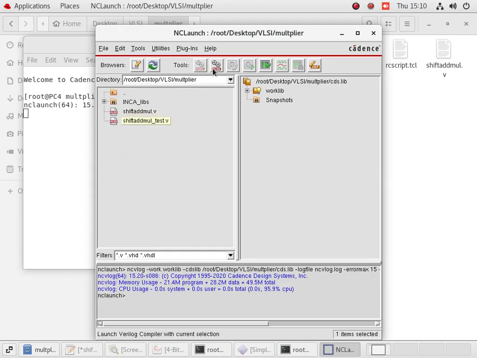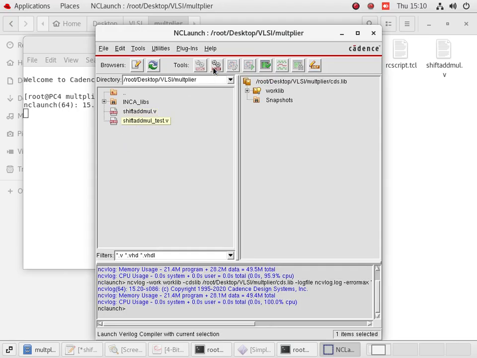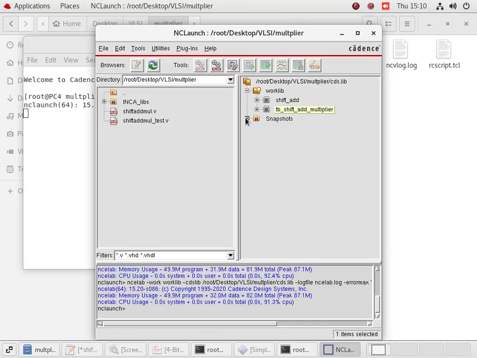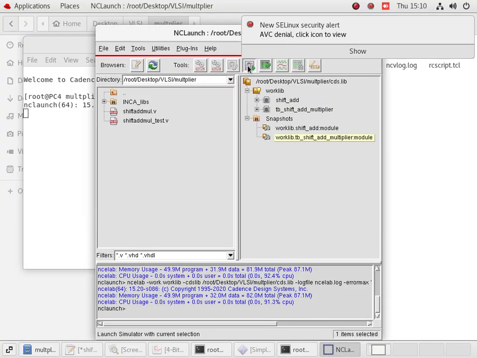Here this symbol is used to compile. Next, once we have compiled, we have to elaborate the design. Elaborate is to build the hierarchical model for our design. Once the elaboration is done, then we have to simulate and check the waveform.